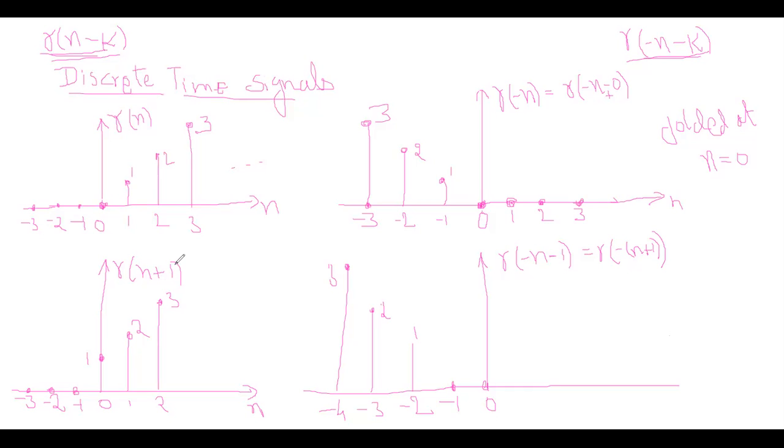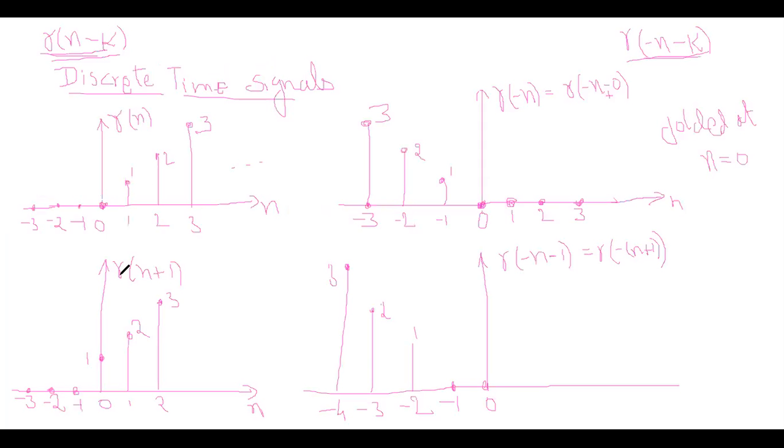I take r of n plus 1, the same thing here. Now, I draw r of minus n minus 2. Let it be here. So 0, 1, 2, 3, 4 like this, and minus 1, minus 2, minus 3, minus 4, and minus 5.